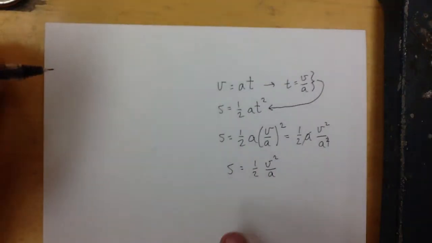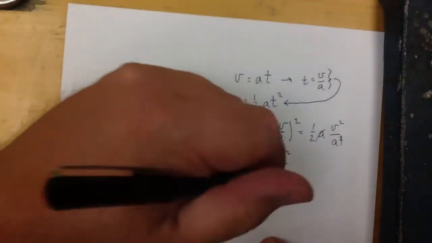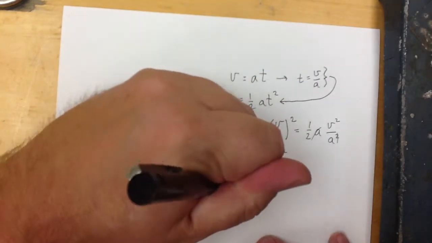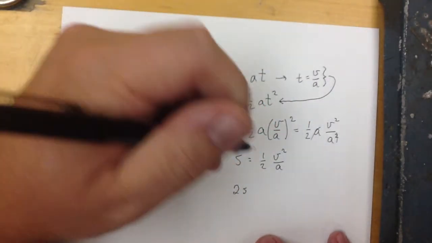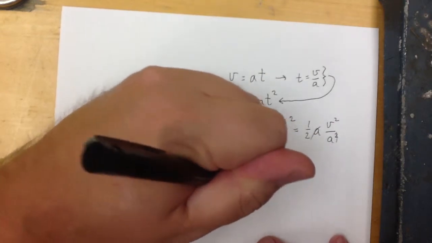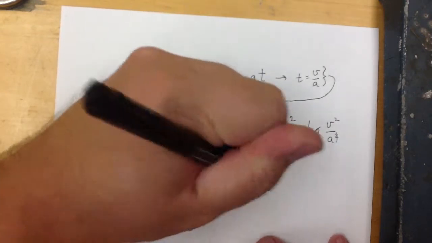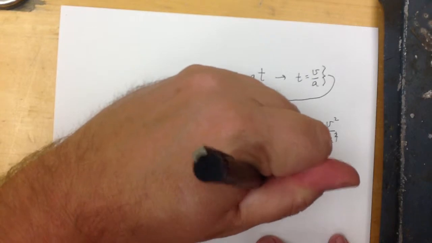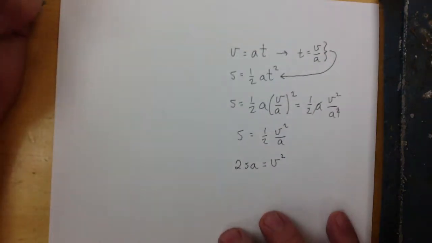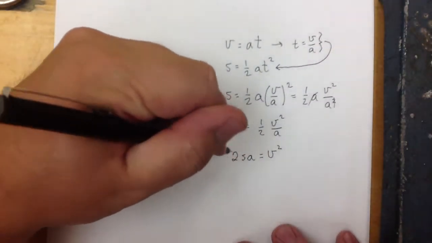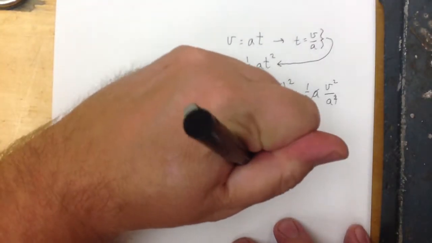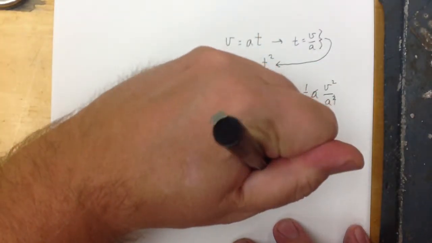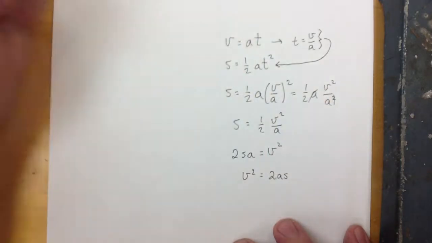And now we want to solve this for v. And so I have to move the 2 over to the other side, 2s. I have to move the a over to the other side, 2sa equals v squared. And I'm going to change the order of these, and I can do that because it's multiplication. And the equation now becomes v squared equals 2as.